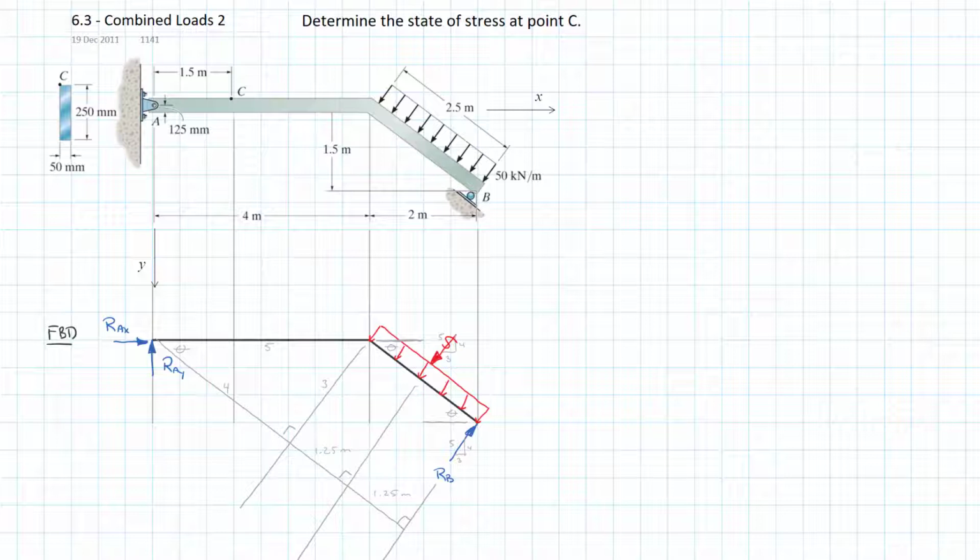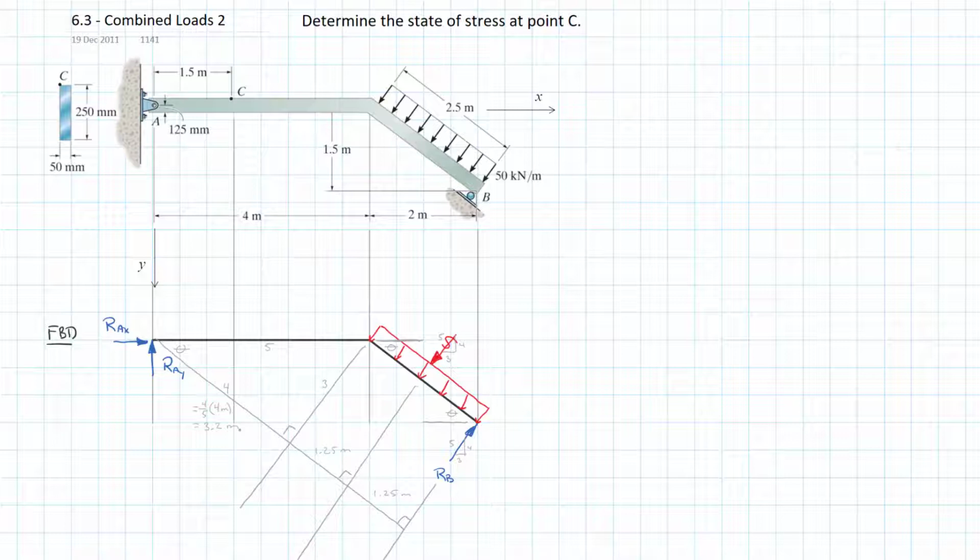And so when I look at that, we know that that is going to be equal to 4/5 of the horizontal distance of 4 meters, and that equals 3.2 meters.